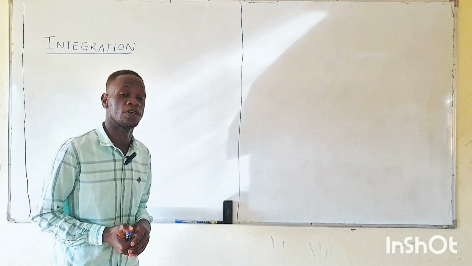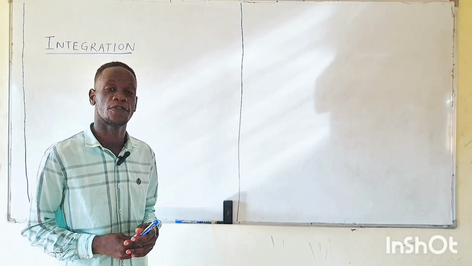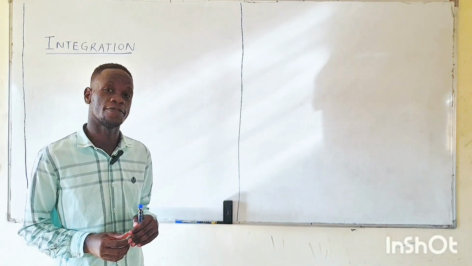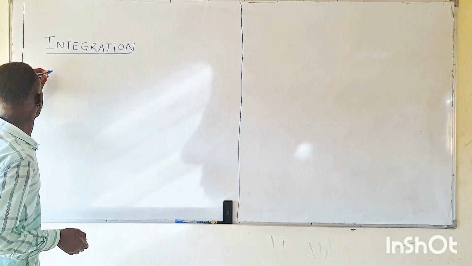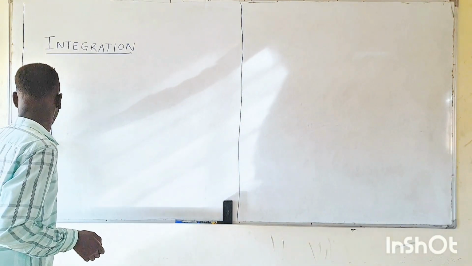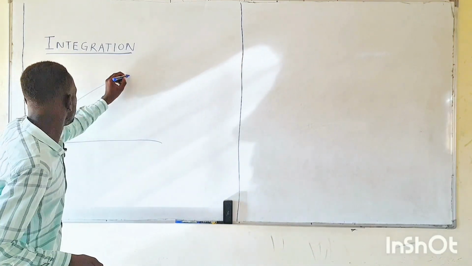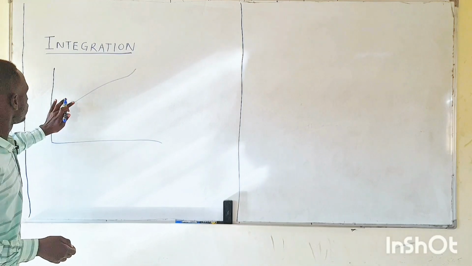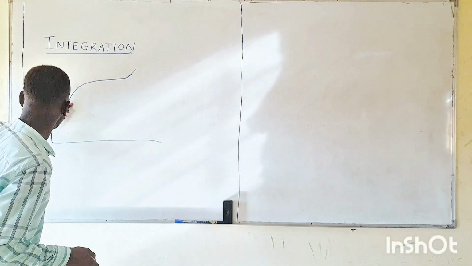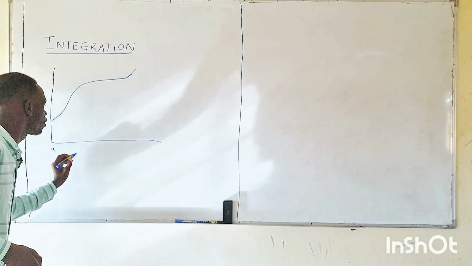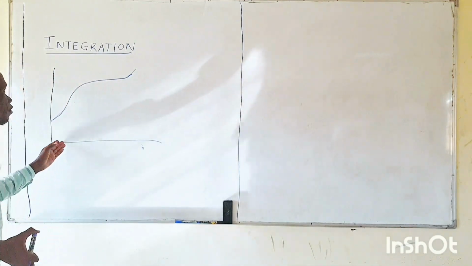Mathematicians were asking themselves the question, how can we find areas, how can we find volumes of spaces or under curves that are indefinite? For example, if you're given a curve like this, and it's running from A to B, how would you get this area of a curve?